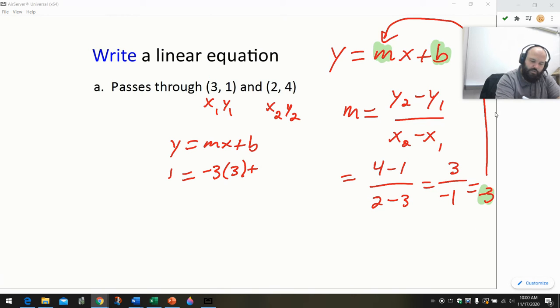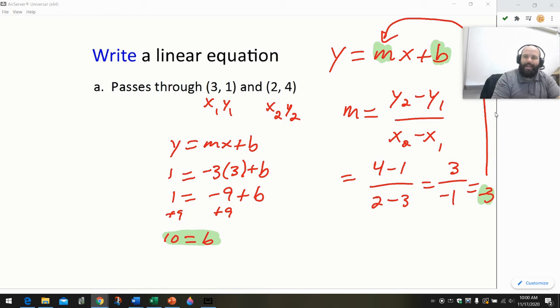Proceeding to solve, we're going to multiply first. And then to solve for b, I'm going to add 9 to both sides. And I get 10 equals b. I'm going to highlight that number right there, because as you can see, now we have the two things that we need. We needed m and we needed b.